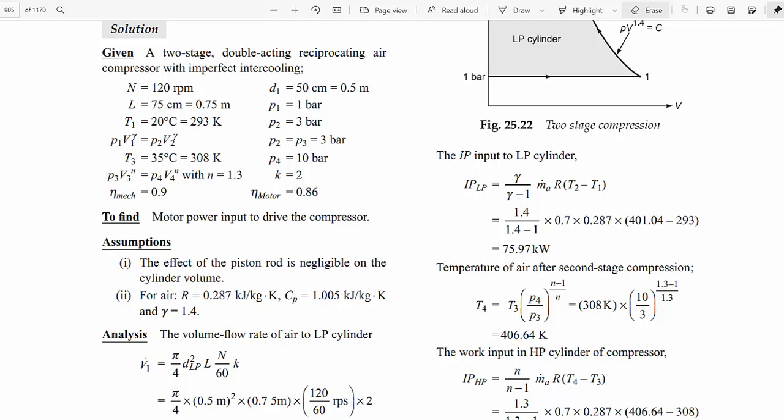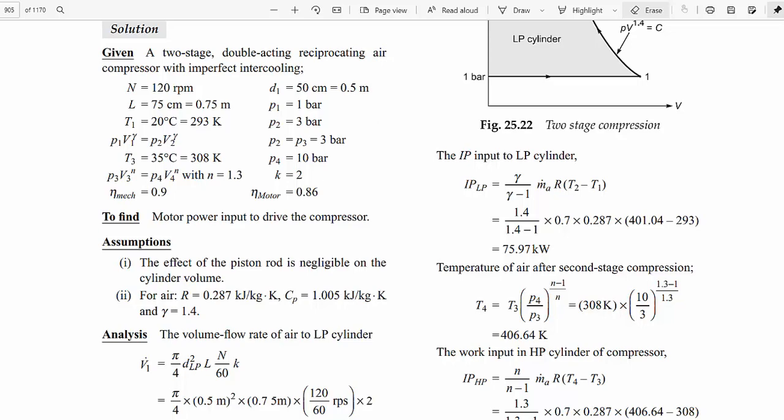Then substitute P4 known, P3 known, and T3 also known. T3 is 30 degrees Celsius given in the problem, which is after the intercooling process, the inlet of the second stage. Substituting the values, we get T4 equal to 406.64 Kelvin. This is the exit temperature of the second stage compression.